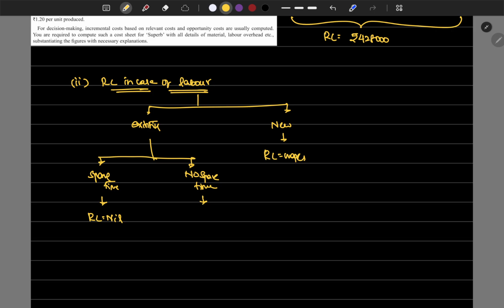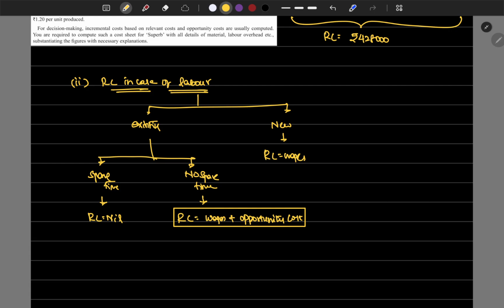If there is no spare time, we have to consider whether we are paying any additional amount as wages to them, or whether we are losing an opportunity. If they are not working on Superb, they could have been occupied with another work, because they don't have any spare time.